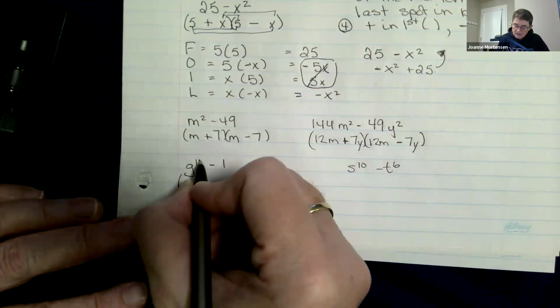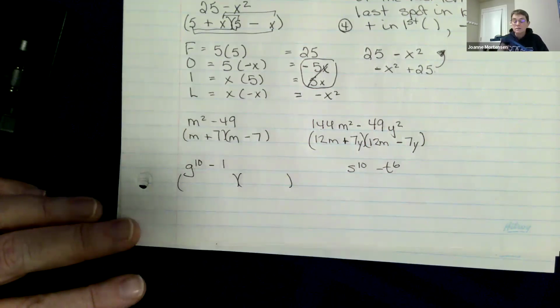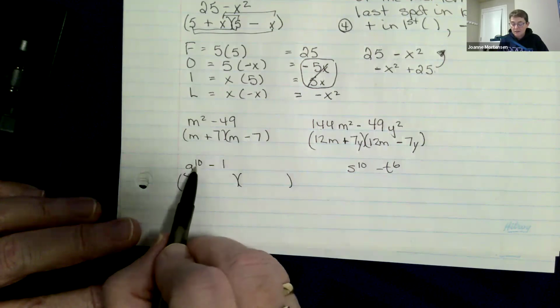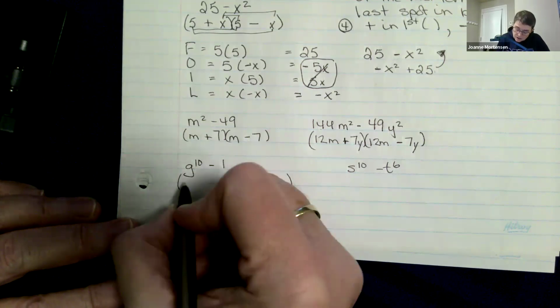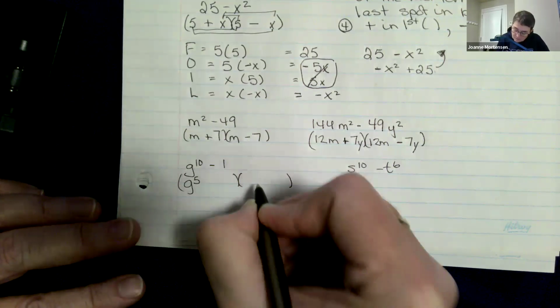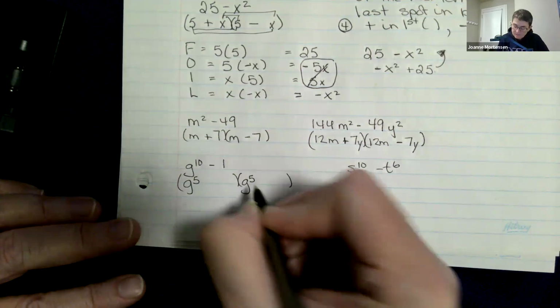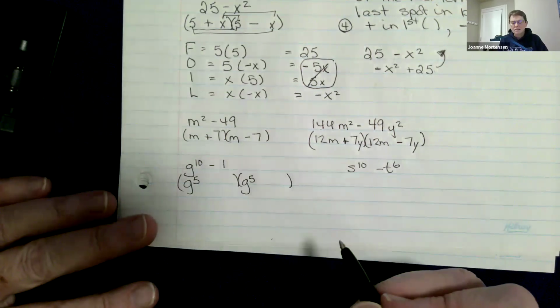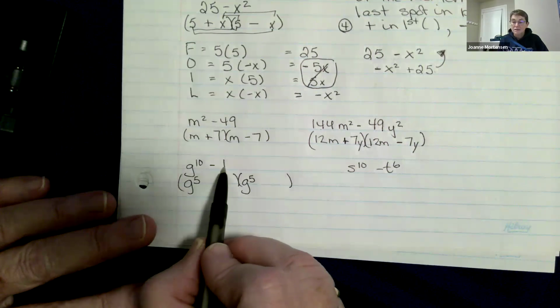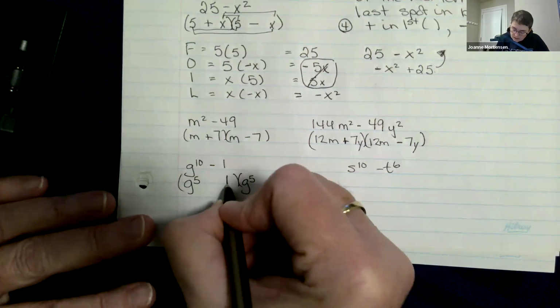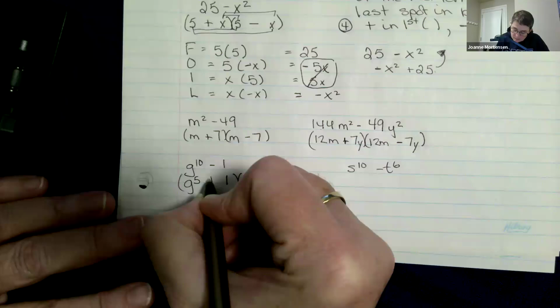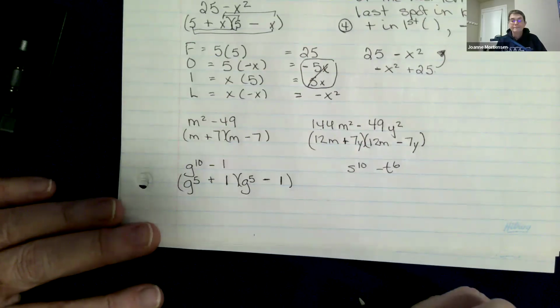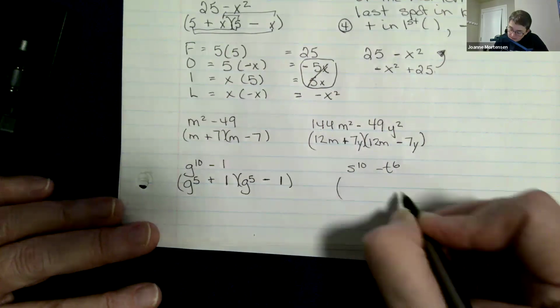All right, square root of G10, remember, you're going to divide whatever this power is by 2. So that's going to give me G5 and G5. And this part always feels weird. Square root of 1 is just 1. 1 goes there, and yes, we need them. Plus and a minus. Ta-da!